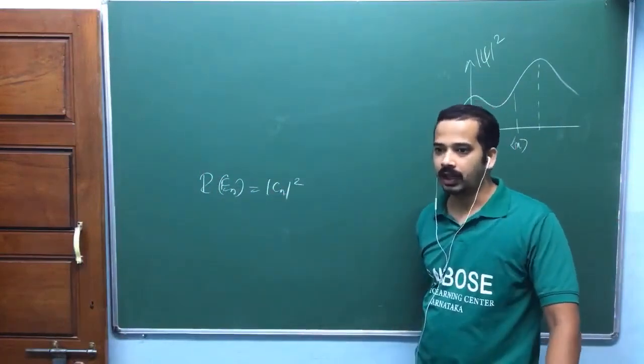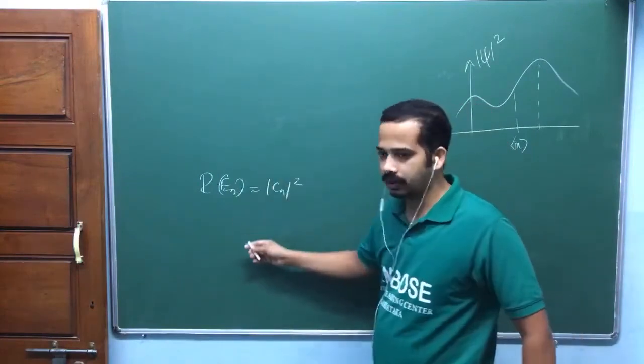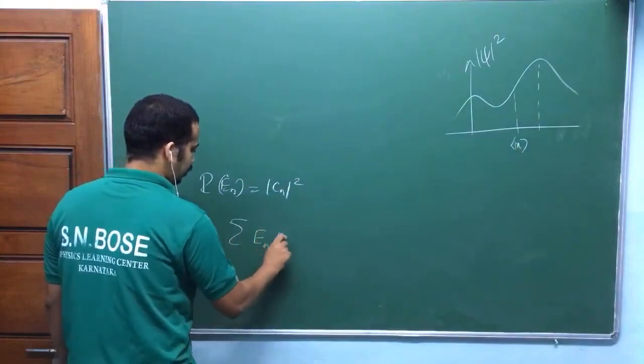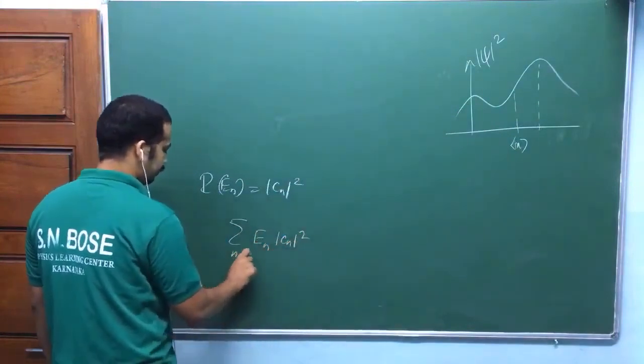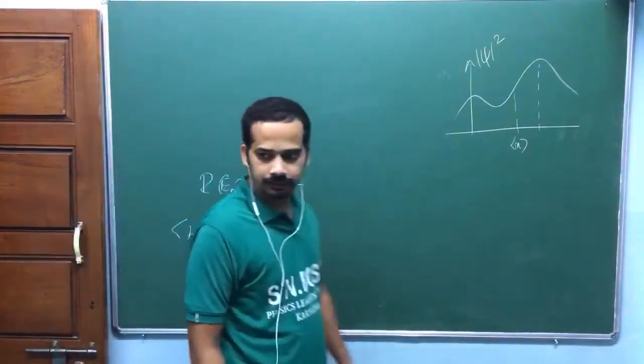Okay. Is that okay? Average energy need not be any of these E n. Average energy is the sum of E n mod C n square.